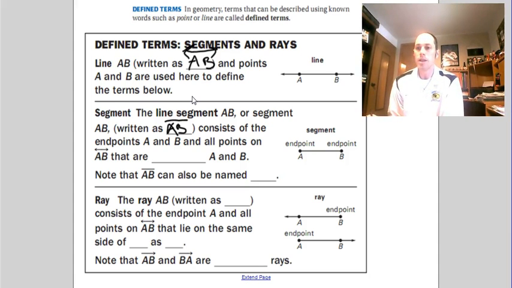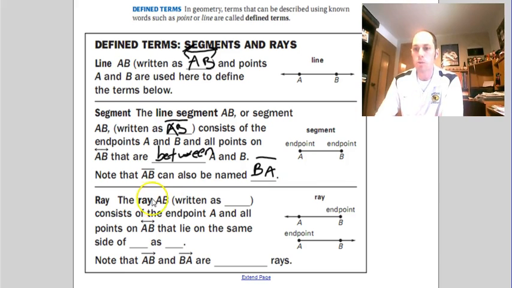So it has all the points between A and B that are on line AB. So we could, in this diagram, have the arrows extending through A and B, but if we were referring to just this segment from A to B, say line segment AB. Notice we can also call it segment BA if we wanted to. Doesn't matter the order there.